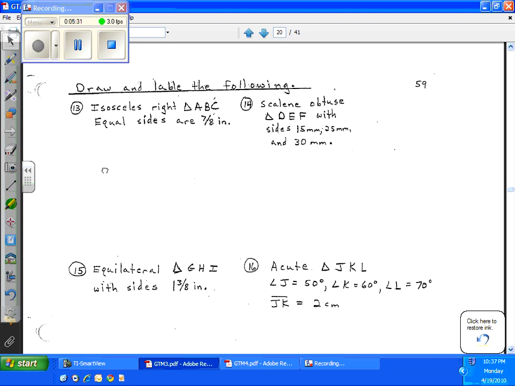We have some draw and label accurately, and we would want you to get a ruler and draw these exact. It says isosceles triangle ABC, the equal sides are 7/8 of an inch. The equal sides are 7/8 of an inch.